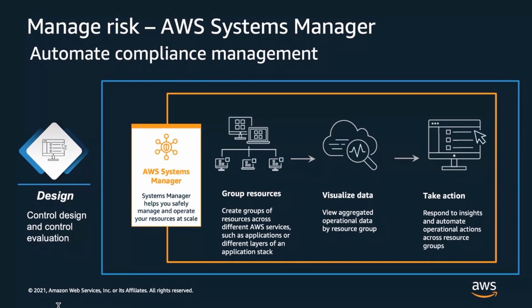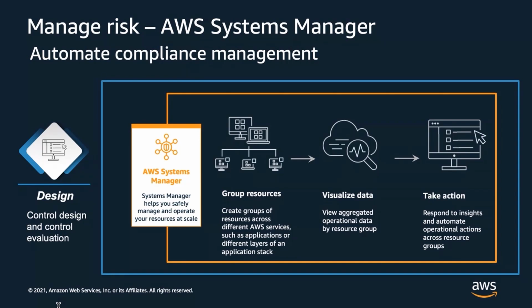Another service that helps with enabling compliance and monitoring within our AWS environment is AWS Systems Manager. It's the operations hub for AWS resources. It allows you to group resources in a way that is meaningful for your operations teams.